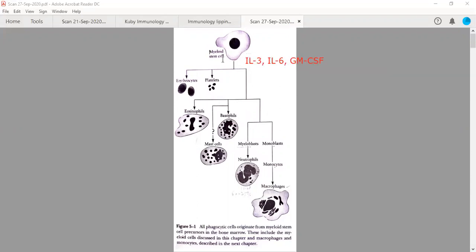For example, this cell will give rise to eosinophil if another signal is present, which is given by interleukin 5. So this interleukin 5 will tell that eosinophil should be synthesized. Okay, so this interleukin 5 will be responsible for the formation of eosinophil.